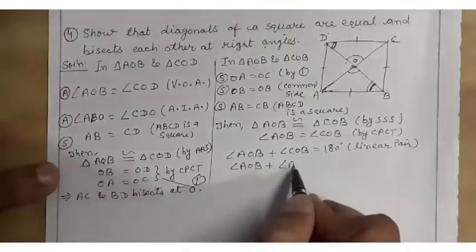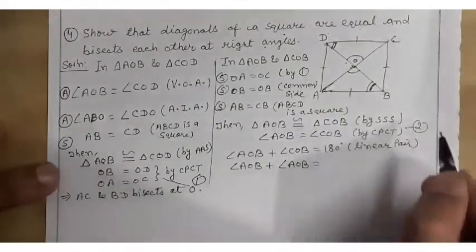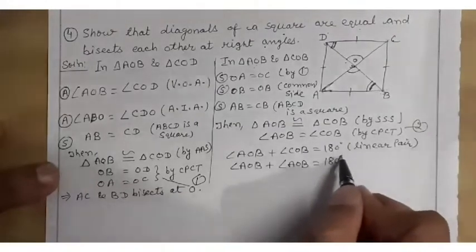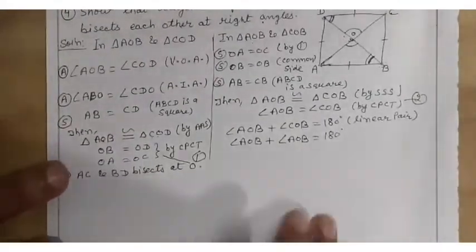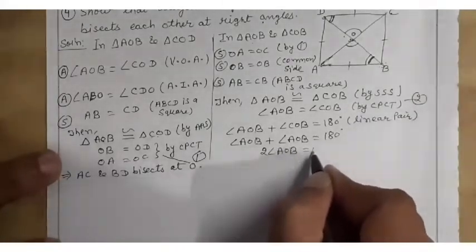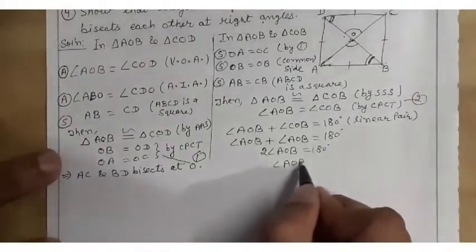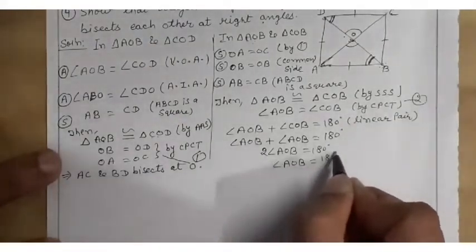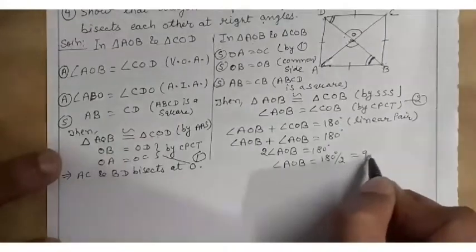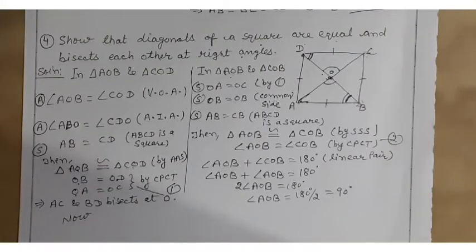In place of COB, I am writing AOB, because of the previous result. This is 180 degrees. Then twice angle AOB is equal to 180 degrees. So angle AOB will be 180 degrees upon 2, that is 90 degrees.